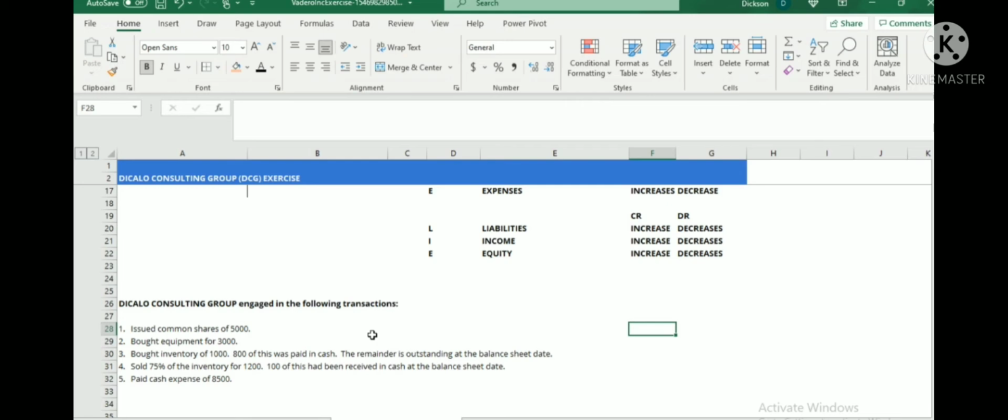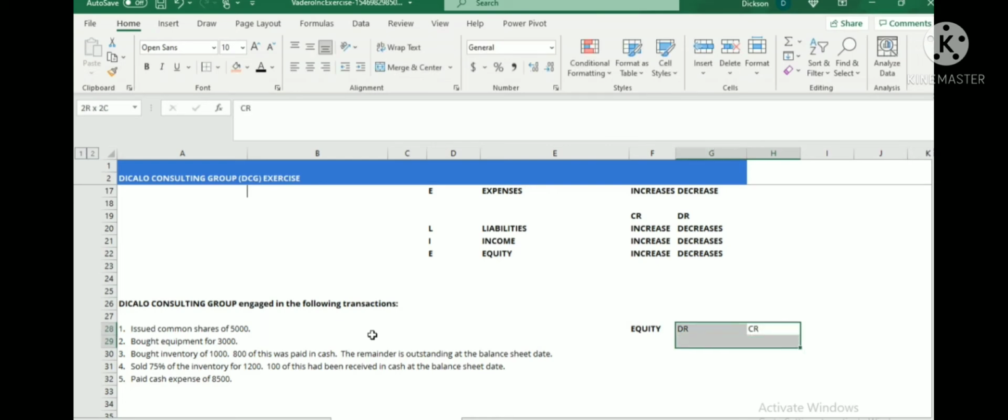So when the owner of a business introduces 5,000 US dollars into the business in the form of common shares, it is going to affect two different ledger accounts. The first ledger account here is what? Equity account. So we open a ledger account, debit and credit for equity account.